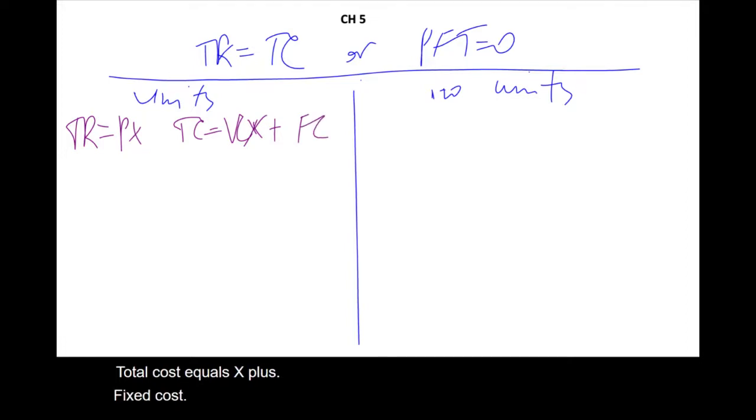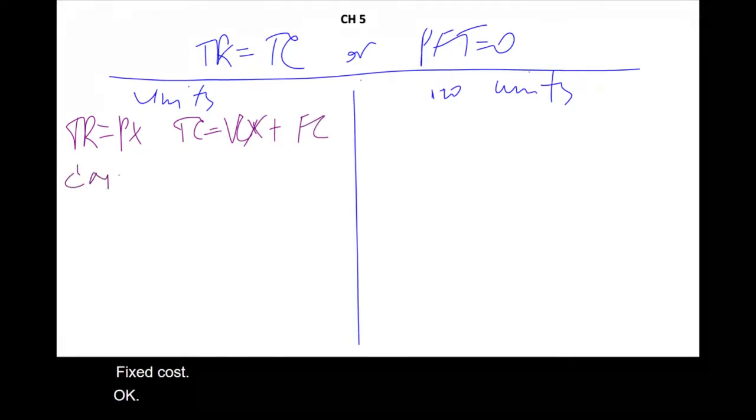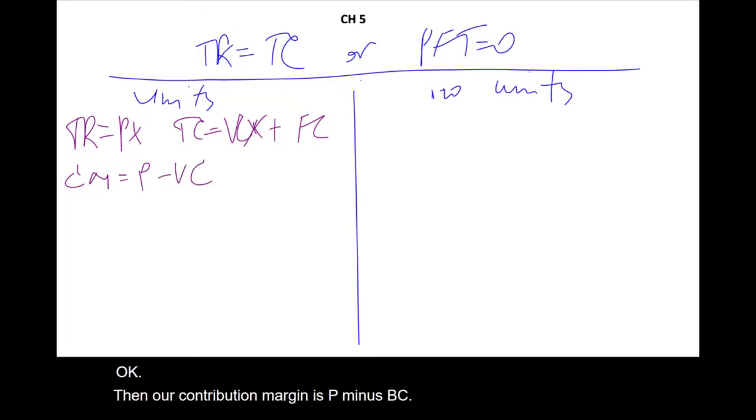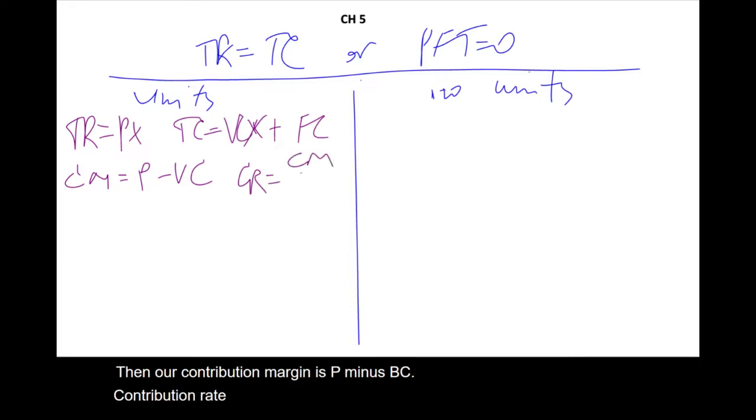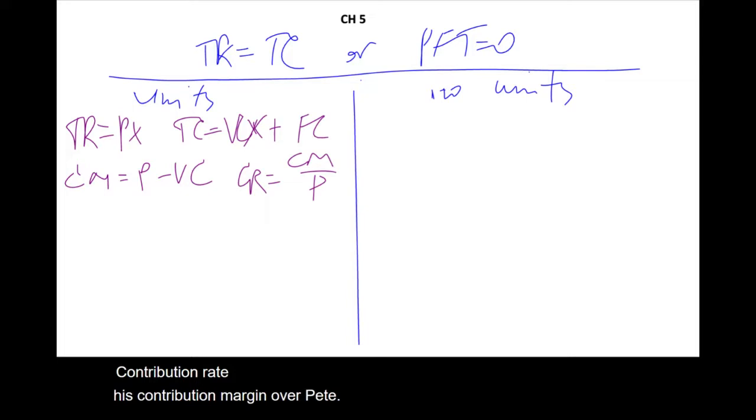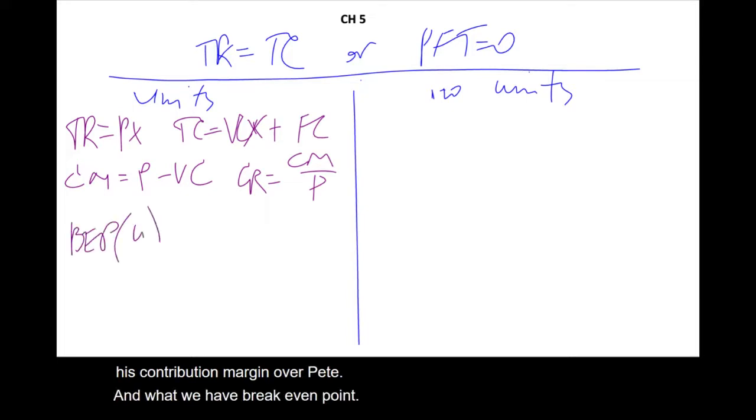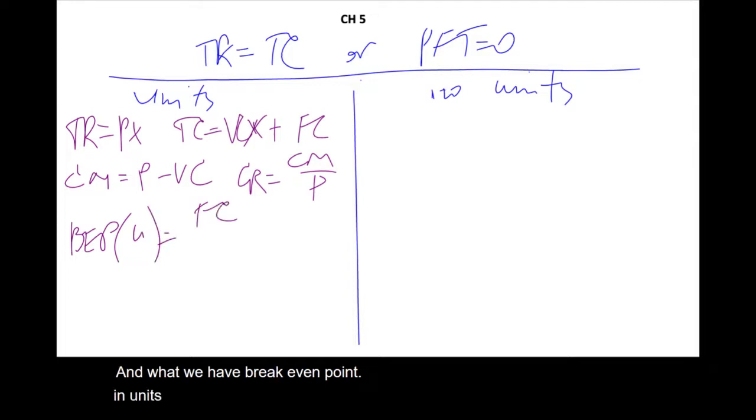Okay. Then contribution margin is P minus VC. Contribution rate is contribution margin over P. And what we have, break-even point in units, is fixed cost over contribution margin.